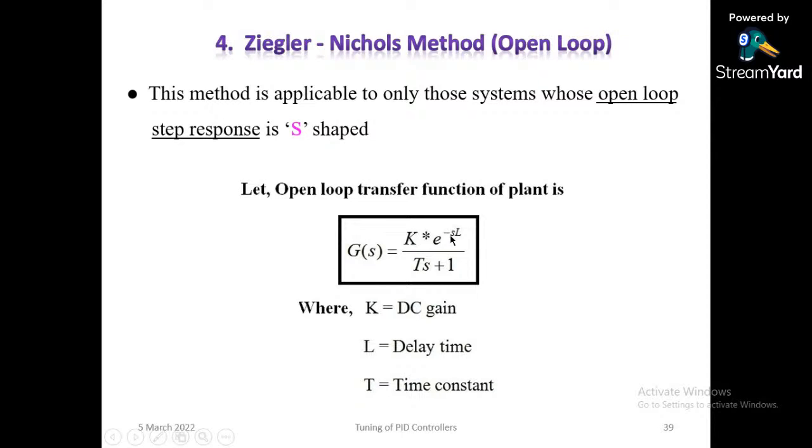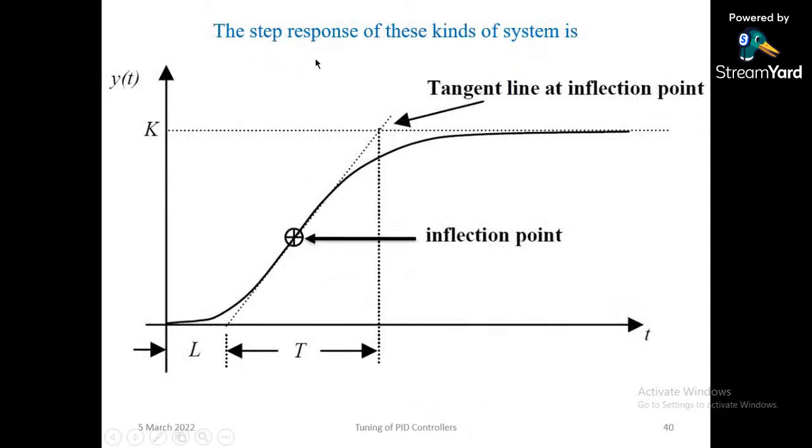G of s equal to K into e minus sL upon Ts plus 1. Right? You can see the step response of such systems is always S shaped. y of t च्या ठिकाणी आपण c of t वापरतो.